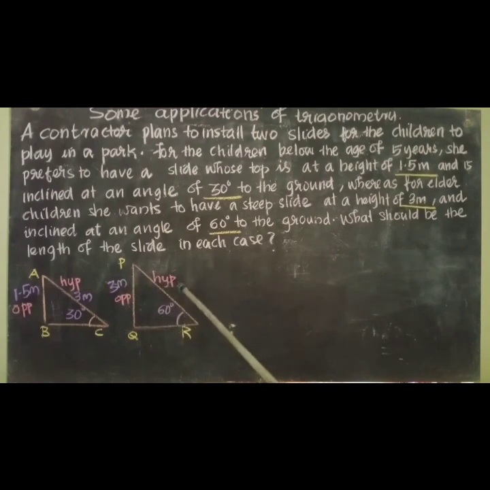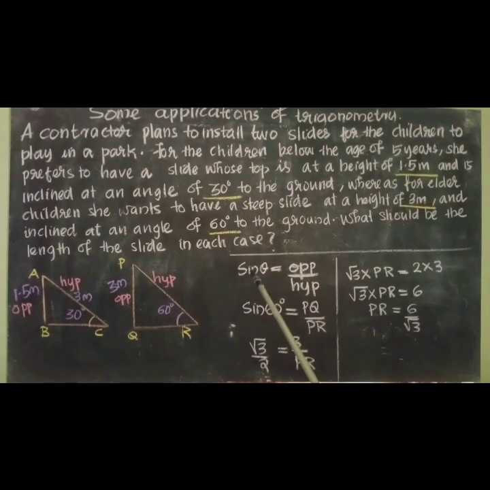Hypotenuse we need to find out. So we need to take the ratio of opposite side and hypotenuse. Which is the ratio? We have sin theta equal to opposite side by hypotenuse. Here theta equal to 60 degree. So, sin 60 degree equal to PQ by PR.